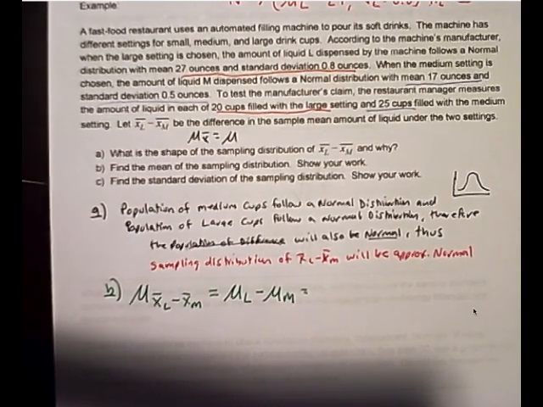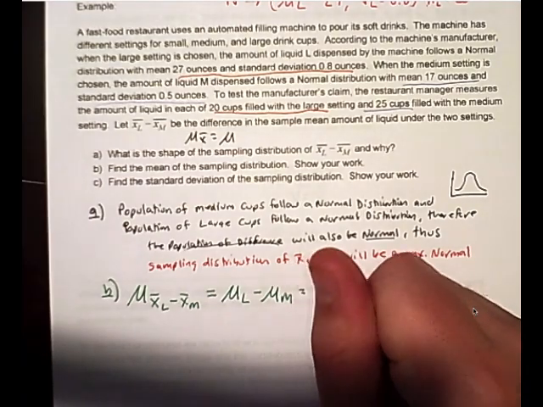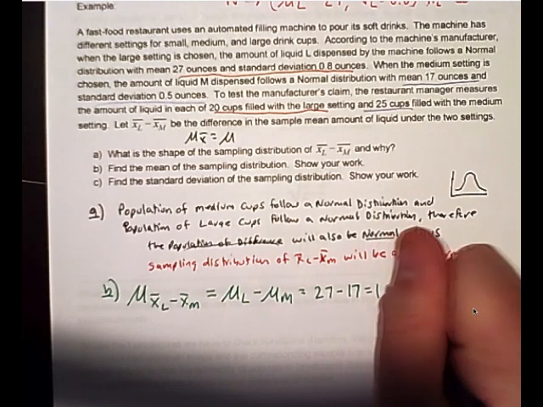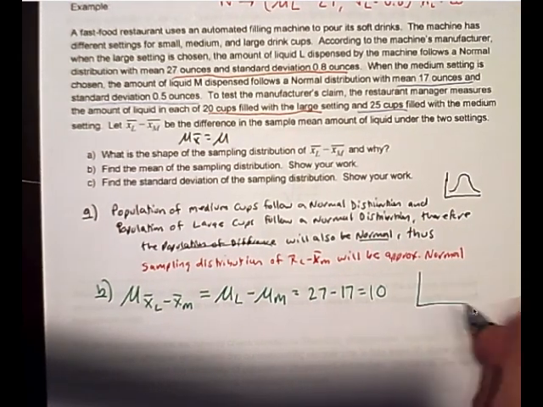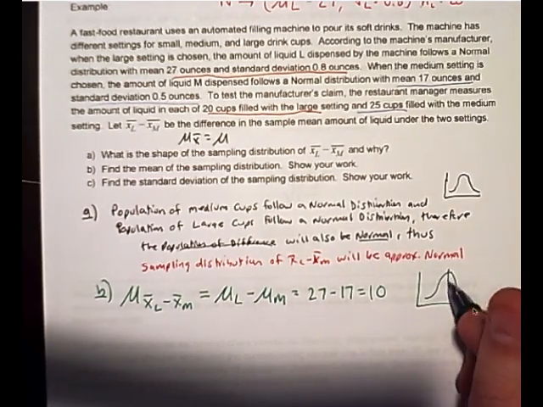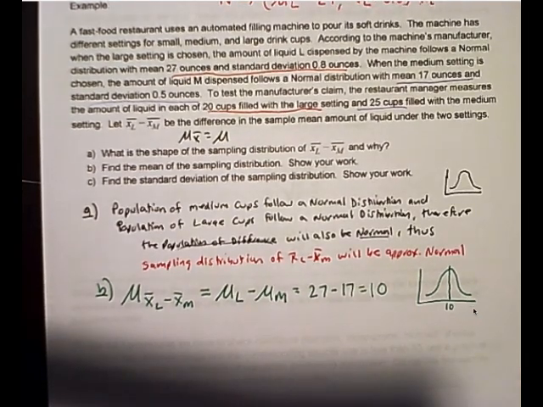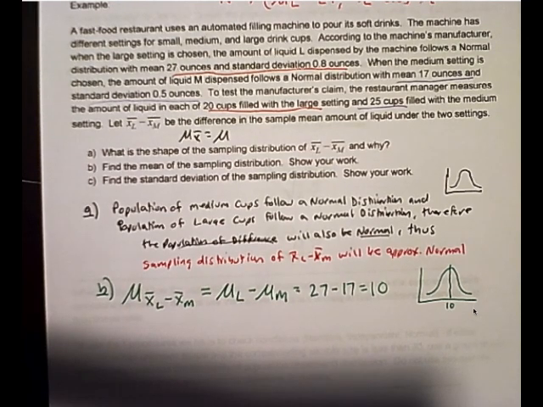And we're given that data. So it's 27 minus 17, which is 10. So in my sampling distribution, the center of the difference would be at 10 ounces. If I took large minus the medium, I should have a difference of 10 ounces.